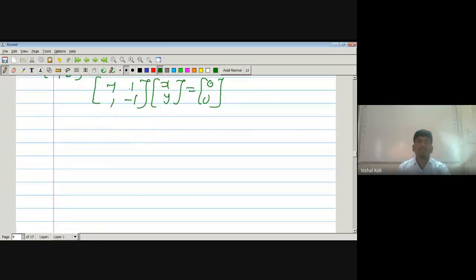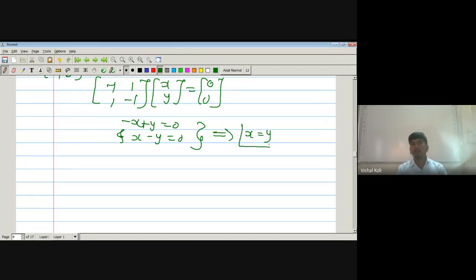Okay, so this one is nothing but minus x plus y equal to 0 and x minus y equal to 0. Then from these two, minus x plus y equal to 0 implies y equal to x, and x minus y equal to 0 implies x equal to y. Therefore combining these two we get x equal to y. So whatever will be the value of y, the corresponding value of x is equal to y.